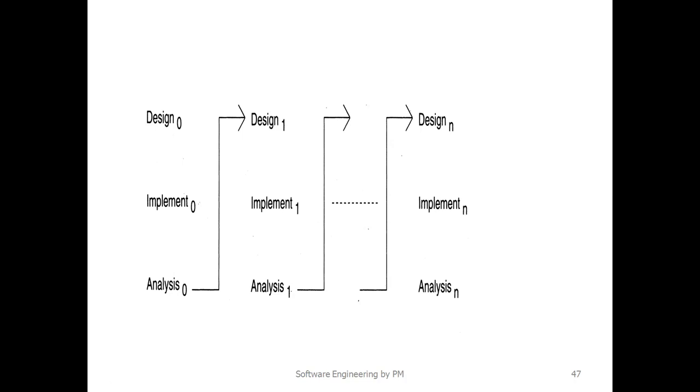From that, we remove functionalities one by one, and we add them into the iterations. This keeps going until the project control list becomes empty. When the project control list becomes empty, you are assured that you are nearing the final stage of development of the software. That is the idea behind this.